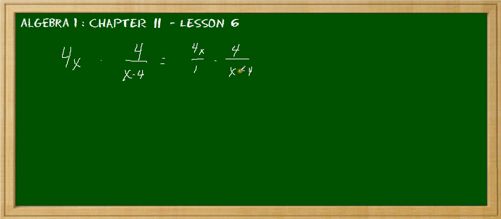All right, and if we did our math, we're simply going to be left with 16x over x minus 4. So there's really not much we can do here. These are again, this is one term all to itself, x minus 4. So we really couldn't eliminate the x there.